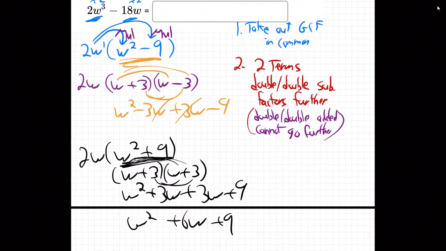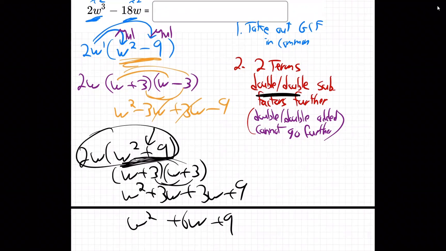So again, do you see how with plus, I call this a double-double, right? Because W squared is 2 W's and 9 is 2 3's. It's a double-double, like In-N-Out Burger. So if you ever get a double-double plus, you just stop right there. It cannot go further.